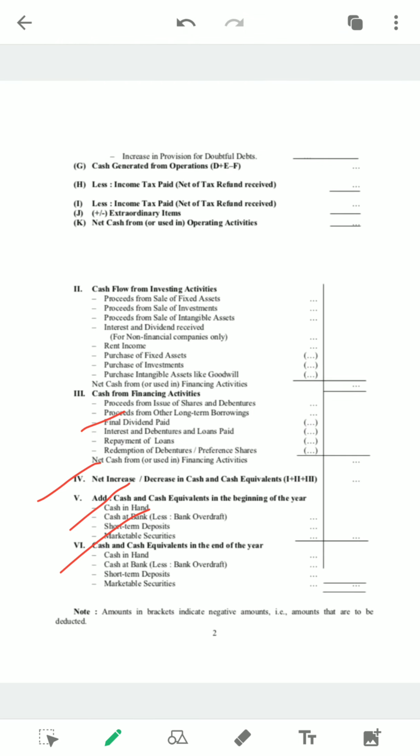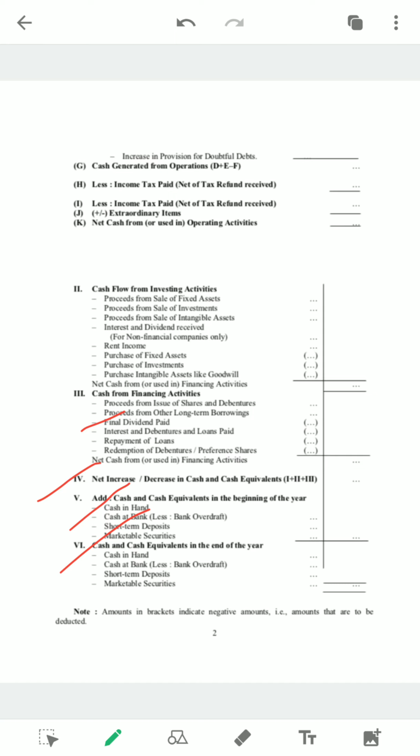So whenever you have net increase or decrease in cash and cash equivalents, you just add cash and cash equivalents at the beginning of the year, and you will get the closing balance. If the closing balance is matched with the sum, then your answer is correct. If the closing balance is not matched, then the answer is not correct.